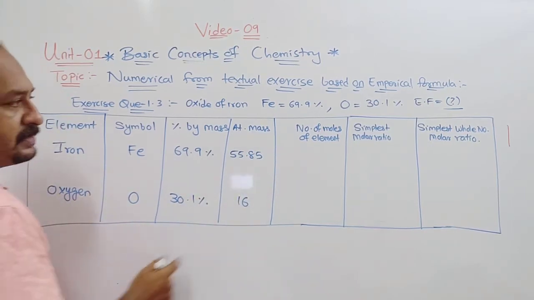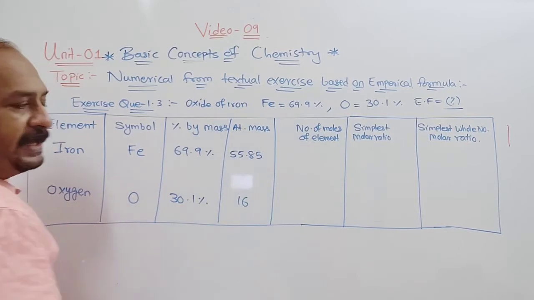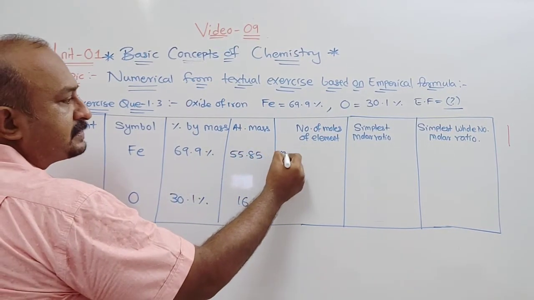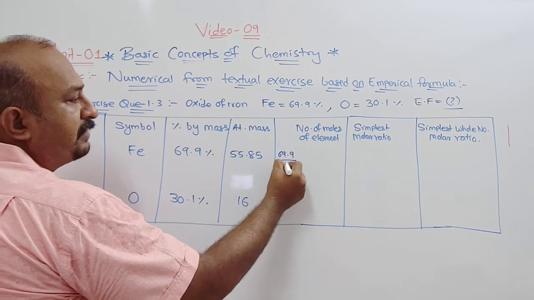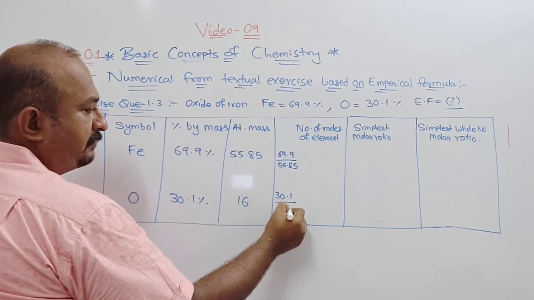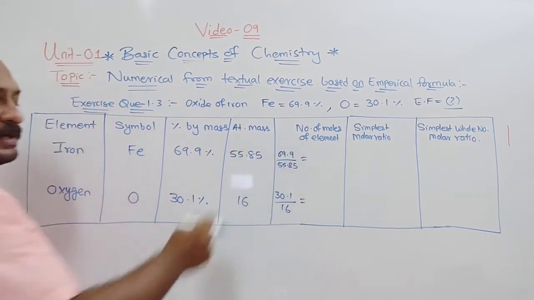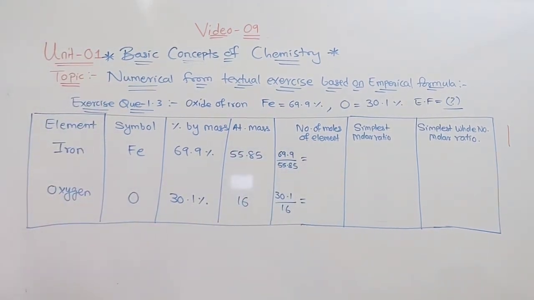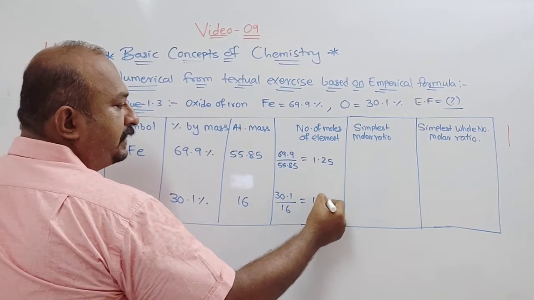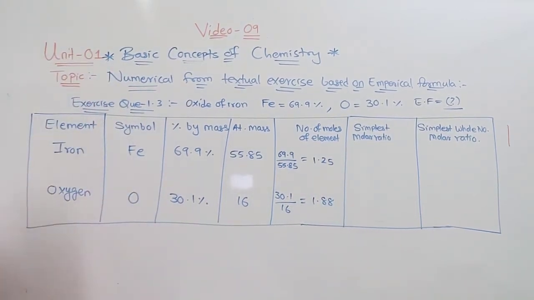Now, the number of moles of elements, if you remember, is percentage divided by atomic mass, that is 69.9 divided by 55.85. Same way here, 30.1 divided by 16. So what will we get? 69.9 divided by 55.85 will be 1.25, and this will be 1.88. You can calculate and see, it will be like this.